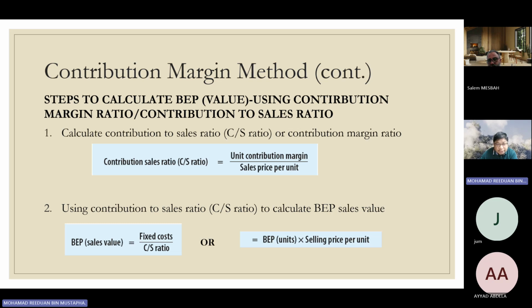The contribution sales ratio is the unit contribution margin divided by the sales price per unit. They use the contribution to sales ratio to calculate the break-even sales point, fixed cost savings, or you can use both. So this is the technique of the contribution margin. It is the same as the mathematical equation, almost the same, and based on the contribution margin.